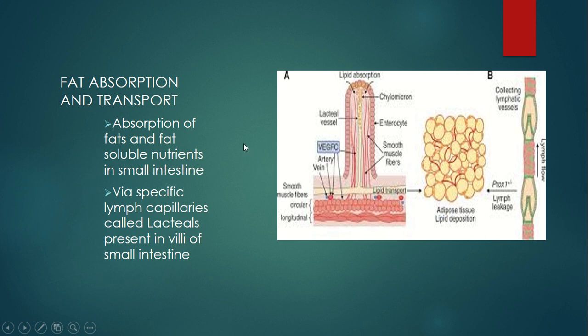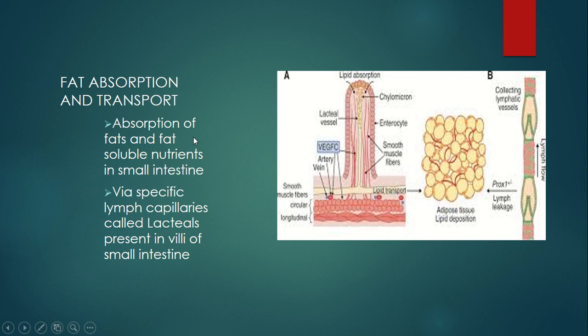Third, another important function of the lymphatic system is that it is involved in the absorption of fats and fat soluble nutrients in the small intestine. When you studied the chapter on nutrition and digestion, you learned that the fatty acids are not carried away by the blood circulatory system.